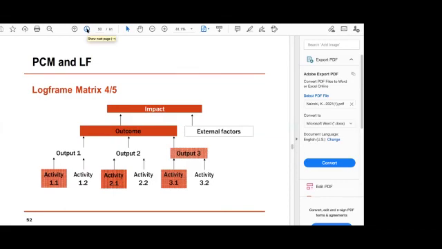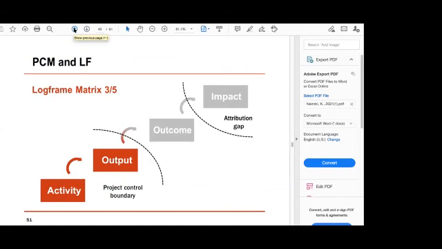Maybe Dr. Asira, just a comment on those parts. Go back, yeah. On the activity and the output, as Dr. Karimi has said, you can see there's a boundary which has been drawn there.